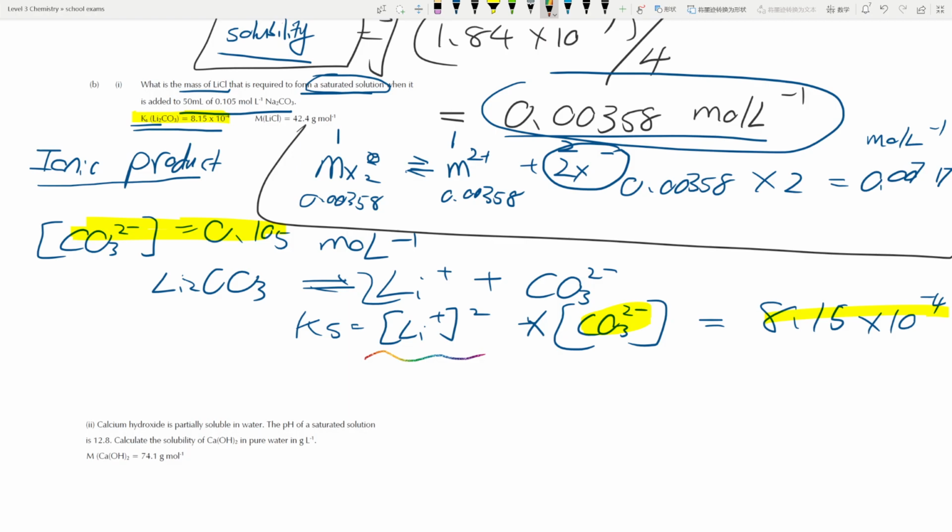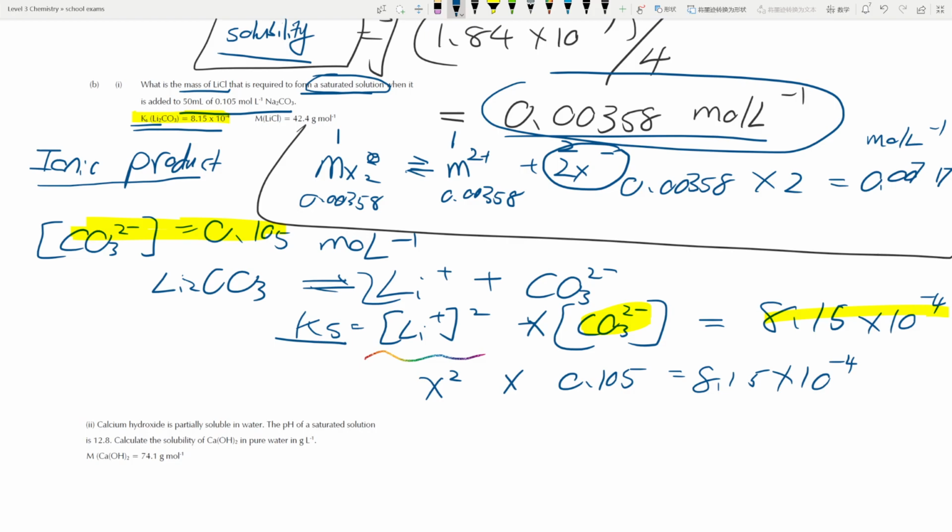So we can just make it x: x squared times 0.105 equals 8.15 times 10 to the power −4. Don't get confused with the saturated solution. It just means you have added enough, all of it has dissolved, no more can dissolve. It has now become saturated, it has reached equilibrium, and then you have reached this particular Ks.